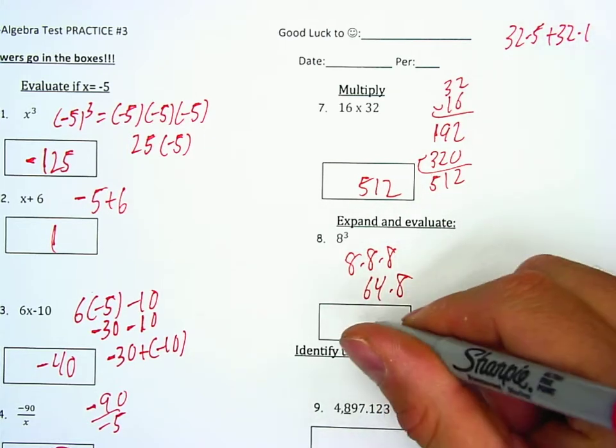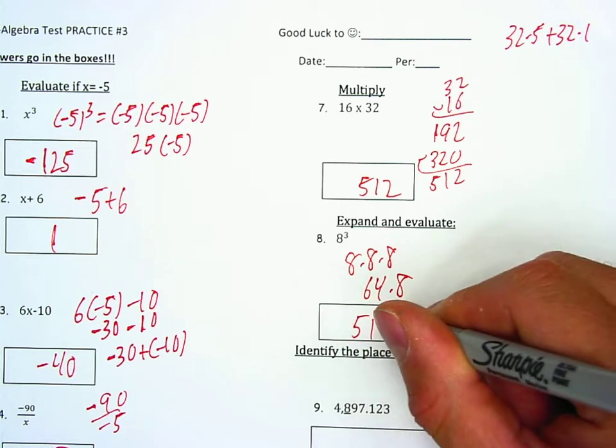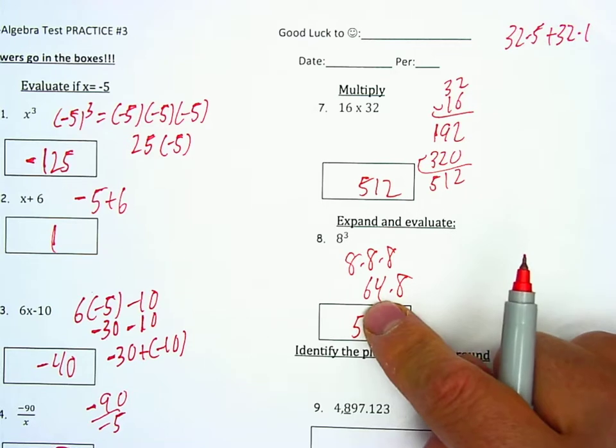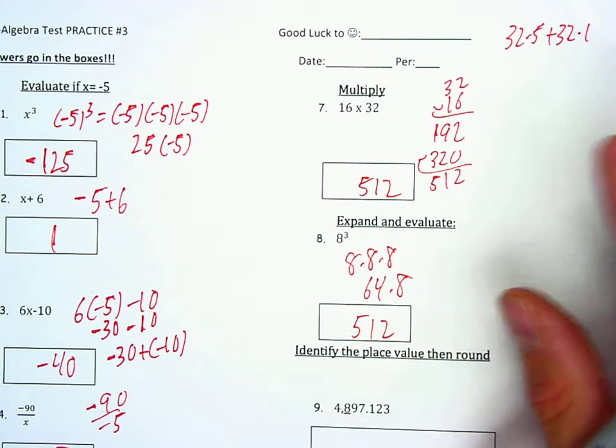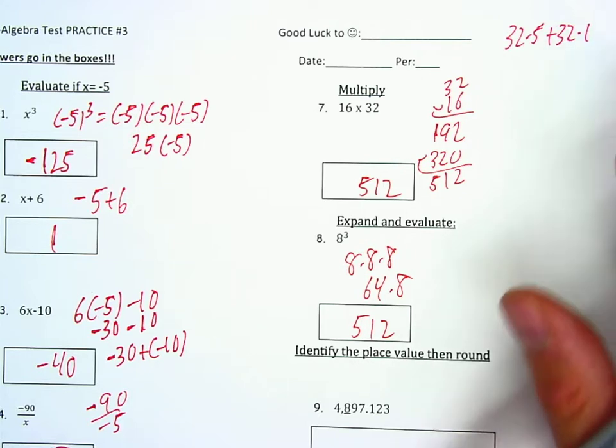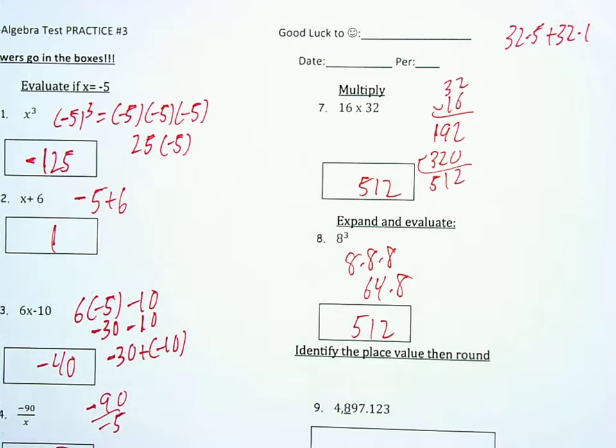If I prefer, this is also 512 in this particular case. And I can do 8 times 10 six times, so 80 plus 80 six times, so 80, 160, 240, 320, 400, 480, and then add in 8 times 4, 32 to get the 512.